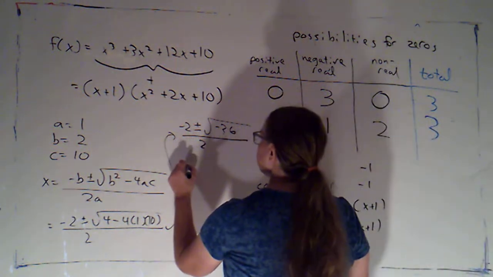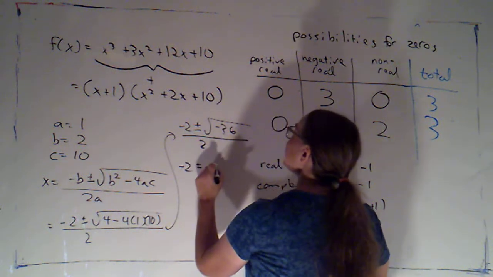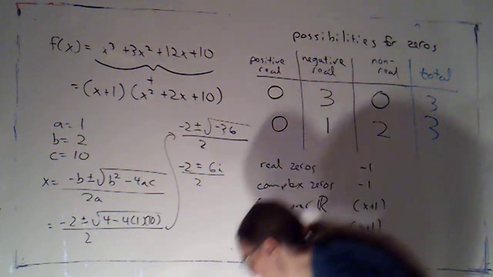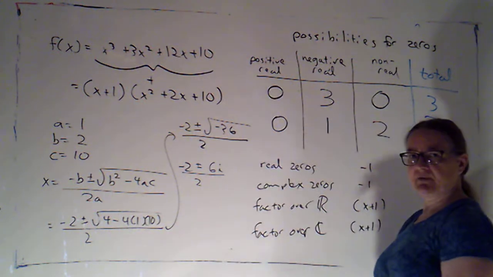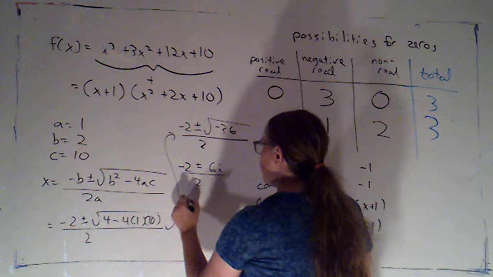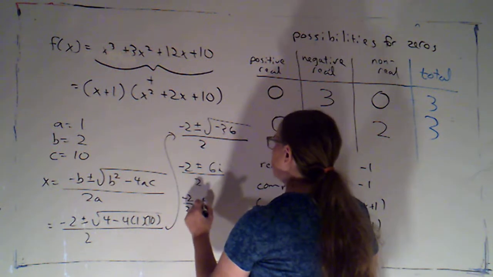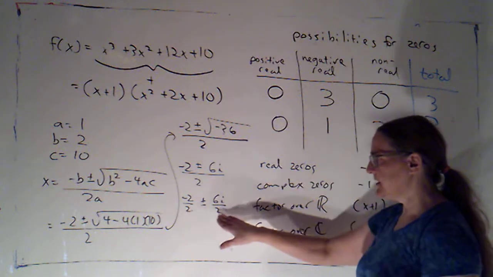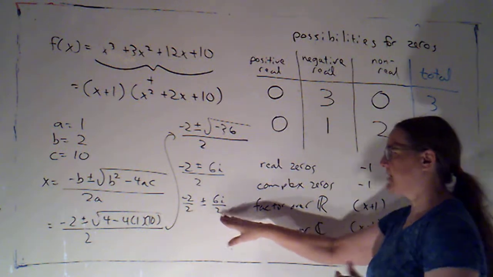Now that simplifies to negative 2 plus or minus 6i all over 2. And standard form for complex numbers, I'm going to get by distributing that 2. So negative 2 over 2 plus or minus 6i over 2. I want to have the real part plus the imaginary part times i.